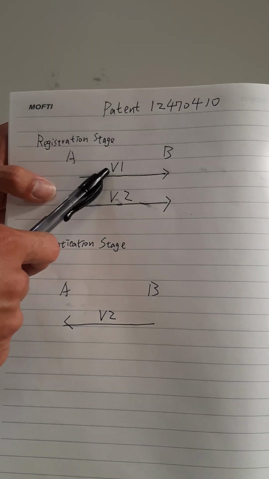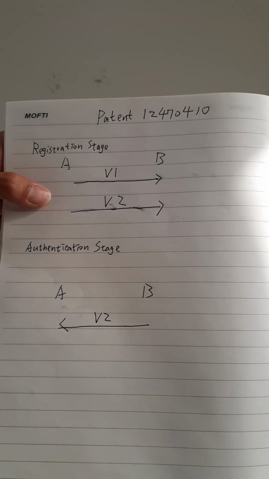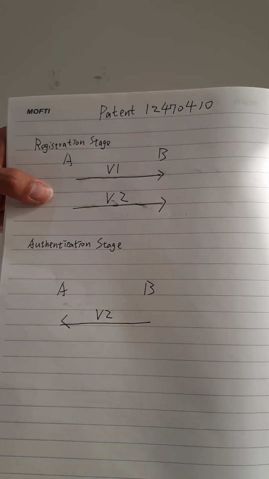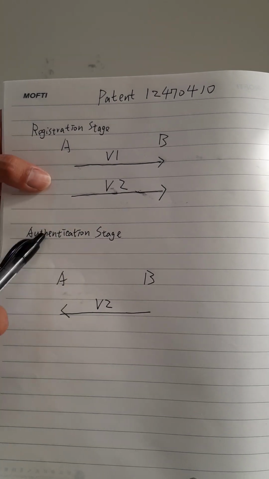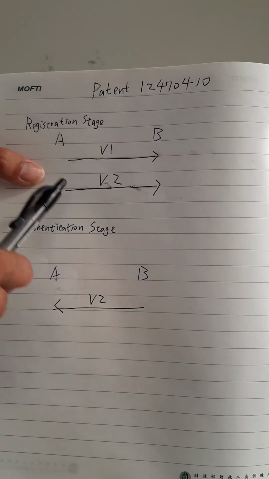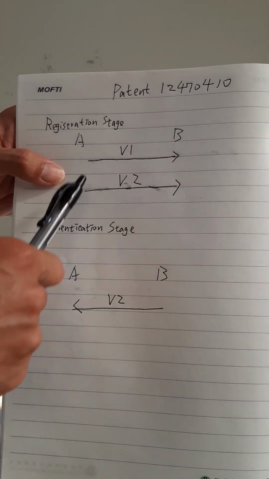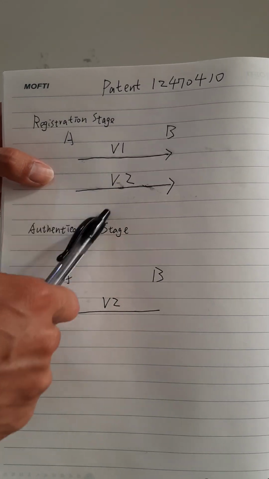The message authentication code function transforms V1 into V2. And there is a key which is very important. It's called a cross-stage key. There are two stages, the registration stage and the authentication stage. There is a cross-stage key that is used to authenticate V1 and V2.